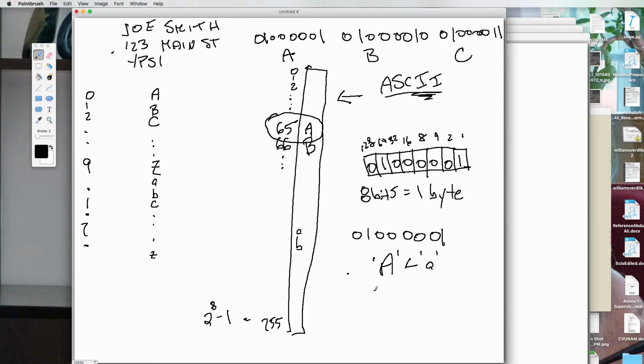But what's really kind of weird is that this is true. An uppercase Z is less than a lowercase a. It turns out that the digits are up here before the letters. And it's something that in your spare time you might want to go ahead and take a look at. Okay, so that is the ASCII.